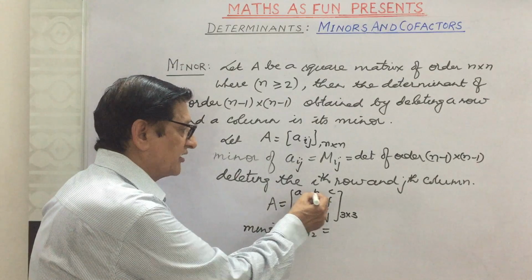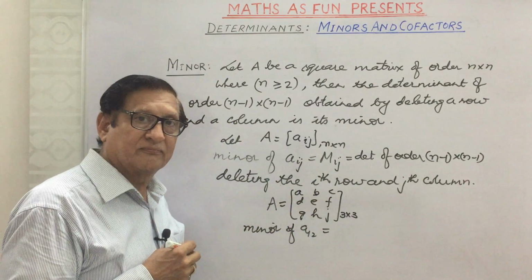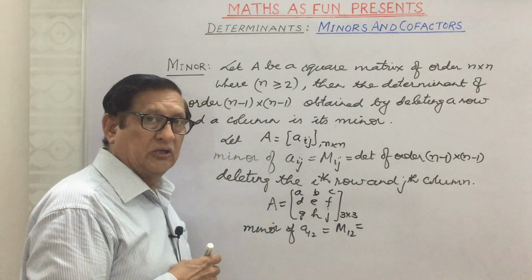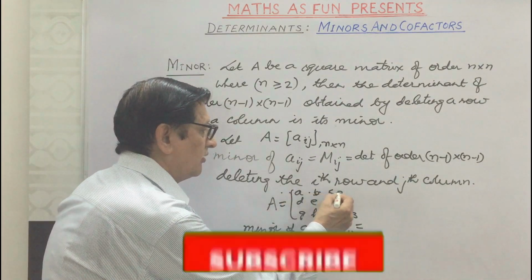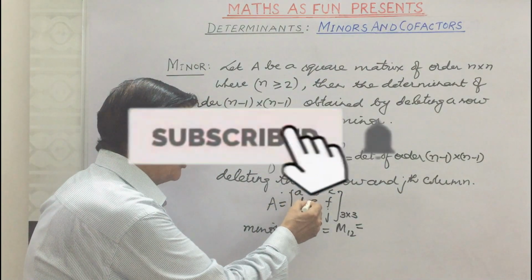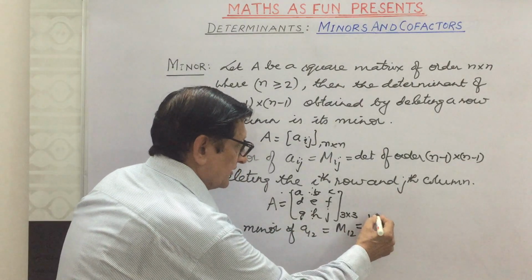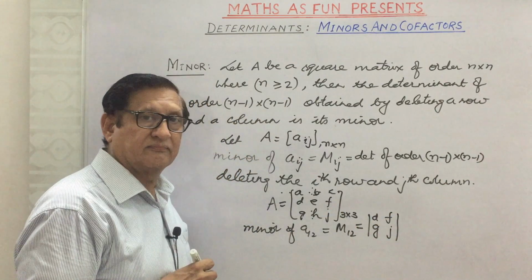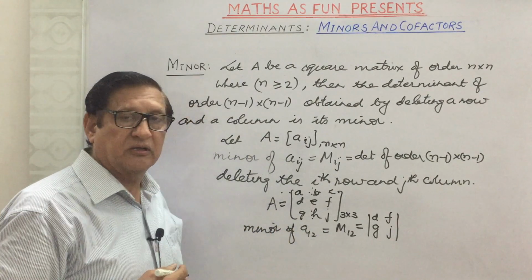It means we want to find the minor of this element B. That will be represented by M12. So we will leave the first row and the second column. What are we left with? The determinant D, F, G, J. This is the minor of this particular element A12.